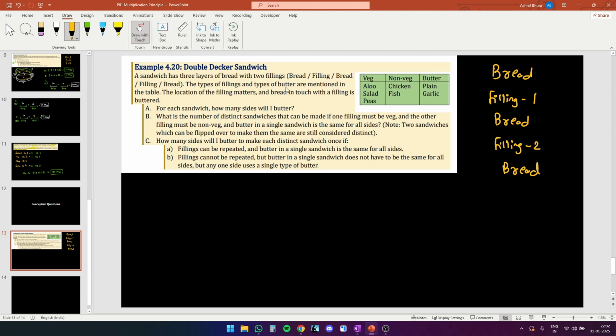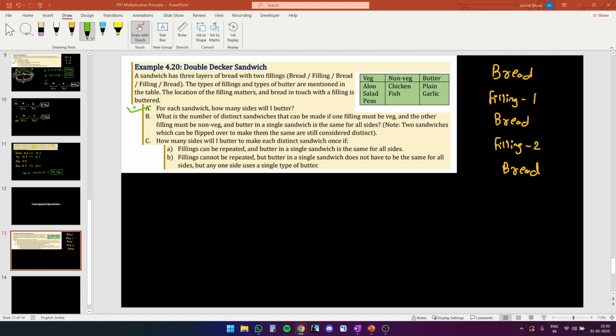The types of filling and types of butter are mentioned in the table. So 3 types of veg, 2 types of non-veg and 2 types of butter. The question is, for each sandwich how many sides will I butter?